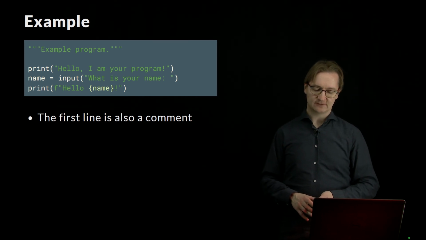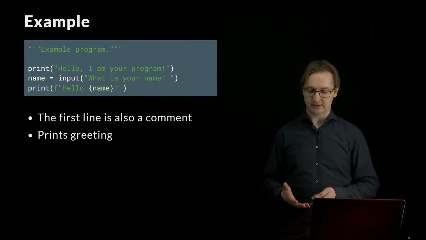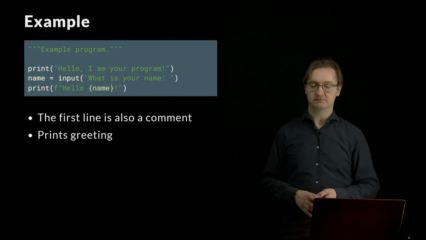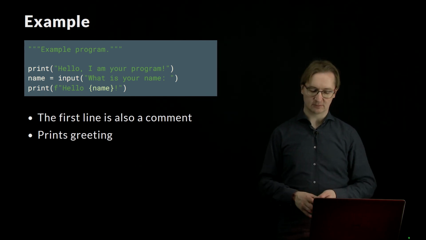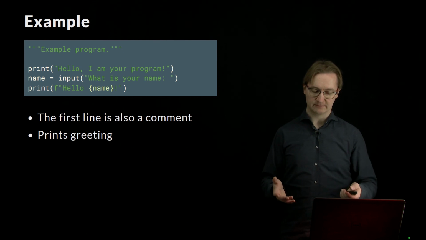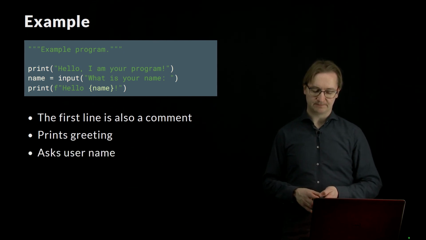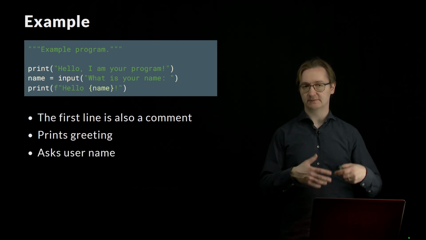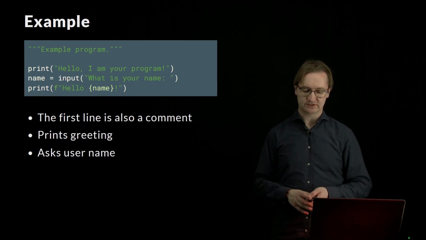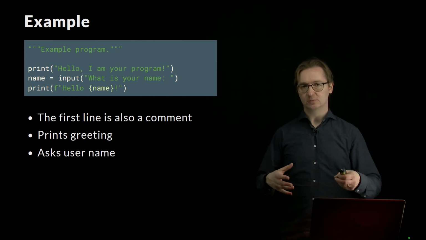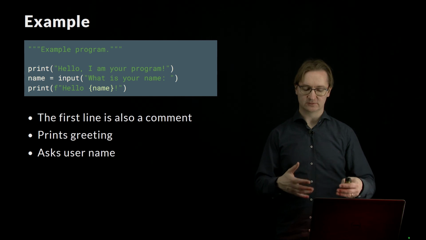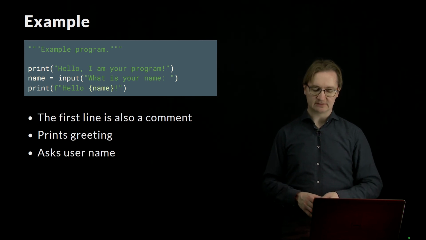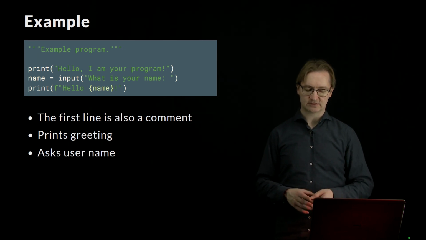And then we have 3 lines of code. The print line prints out a greeting: hello, I'm your program. Now the second part asks for input from the user. The input function expects the user to write something, and it prints out the text, what is your name?